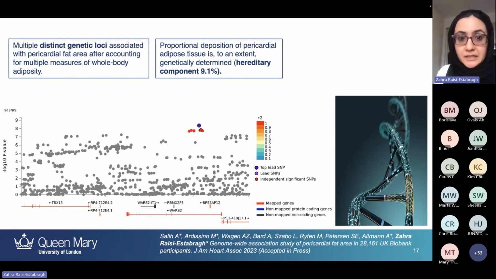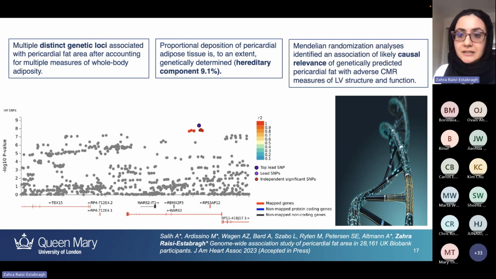This was then a really good opportunity to examine the causality of the observational relationships that we had previously demonstrated. And so we used the variants that we had identified as genetic instruments in Mendelian randomization analysis, where we identified likely causal relevance of genetically predicted pericardial fat with adverse CMR measures of left ventricular structure and function consistent with our previously described observational relationships.